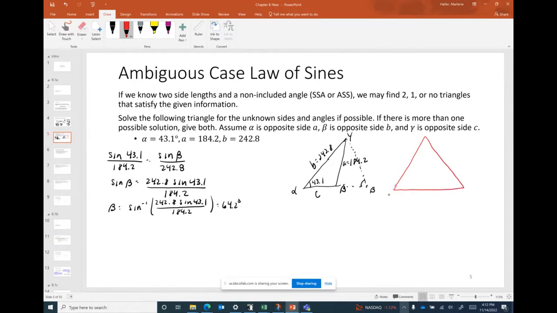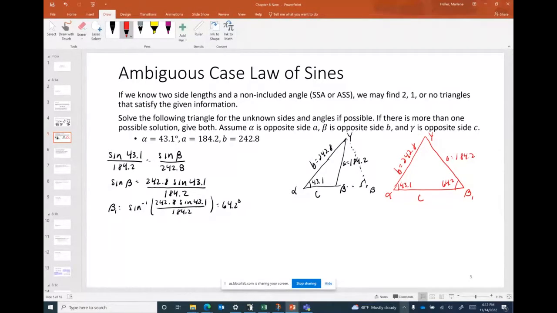It's going to have alpha, which was given, 43.1, and it's going to have beta sub 1, the first beta that we found, which is 64.2 degrees. And there's gamma that I have to find yet. Given is A, 184.2, and B, 242.8. We don't know what C is yet.